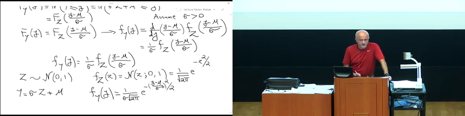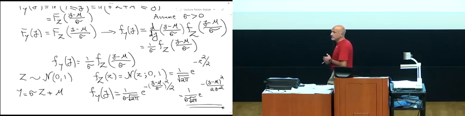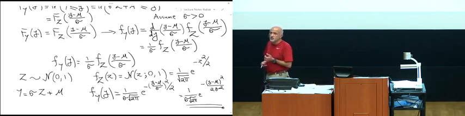That whole thing is squared, then divided by 2. Well, if I work that out, it's going to be 1 over sigma square root of 2 pi, e to the minus (y minus mu) squared over 2 sigma squared. This is the general expression for a Gaussian random variable that has mean mu and standard deviation sigma.